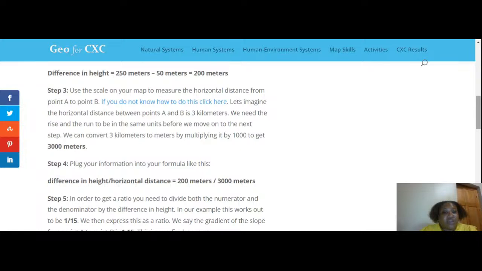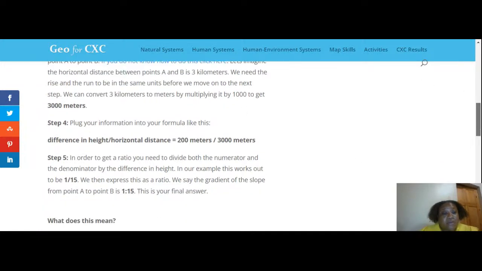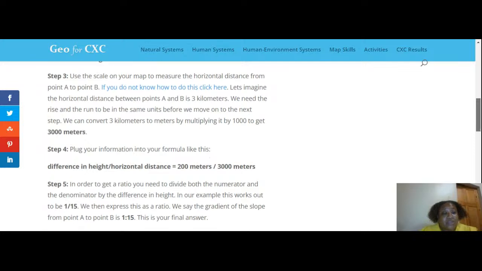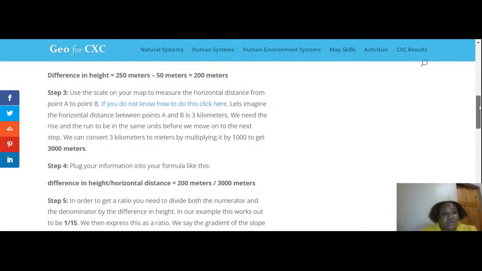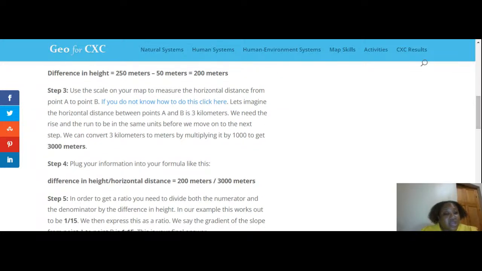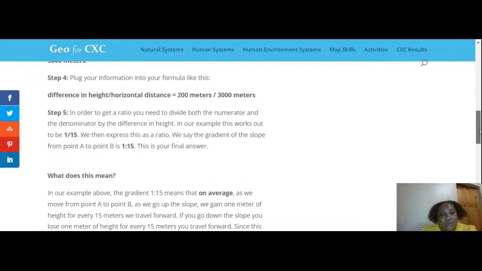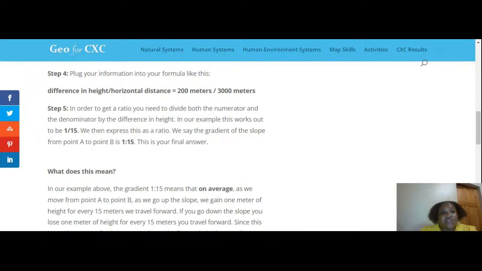So if it is 3 kilometers, and your height is in meters, remember you need to work in the same units. So to convert kilometers on the scale to meters, you multiply by 1,000. So 3 multiplied by 1,000, you know that it is 3,000. So now you have your difference in height, which is 200, over your horizontal distance, which is 3,000. And then you have to make this a ratio.